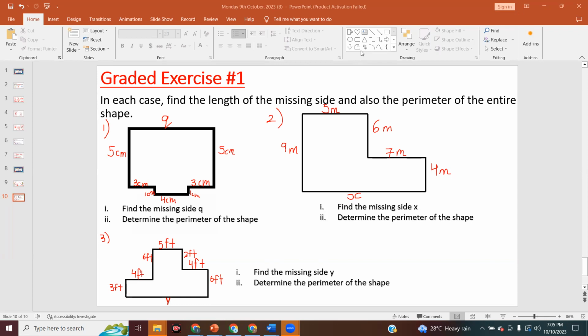Janelle Scavala, what number are you on? Kaden, what number are you on? I'm finishing up on number 3.